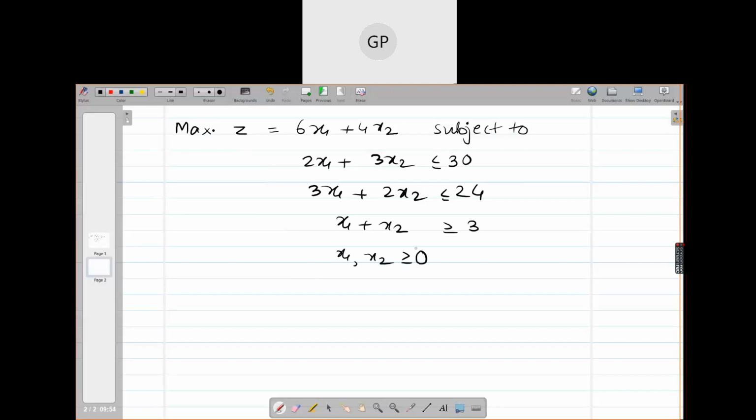The earlier problem was in canonical form, so that is very straightforward to solve. So I thought I will take something which involves artificial and surplus variables also. Let us quickly convert it into its standard form.